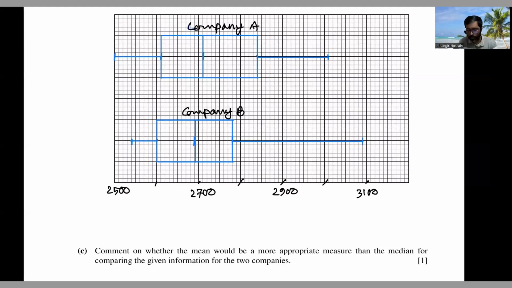But if you look at the whisker, the right whisker is more spread out compared to the left whisker for company B. The same goes for company A, and the boxes are not symmetric for company A. So for both companies, the distribution is not completely symmetric.